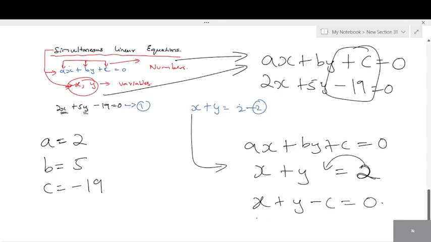Now tell me the value of a, b and c for this equation. What is the value of a? a is 1. b is, if no value is written, it is 1. c is minus 2. This is how they'll ask you MCQs.